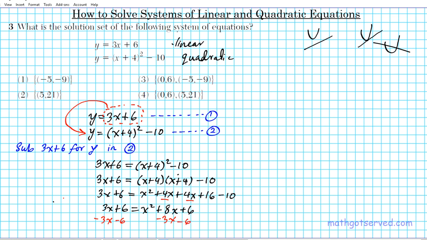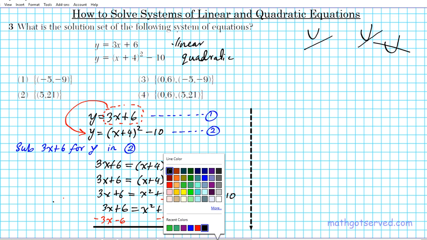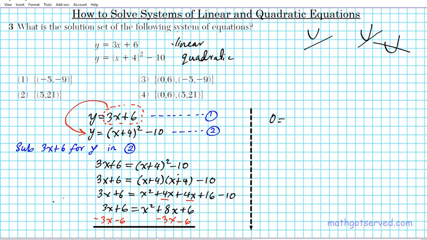Okay, so I'm going to develop my workspace and continue working on the right side here. So when I carry out that subtraction, what am I going to end up with? I'm going to end up with 0 equals x squared plus 5x, and then plus 6 minus 6 is 0.